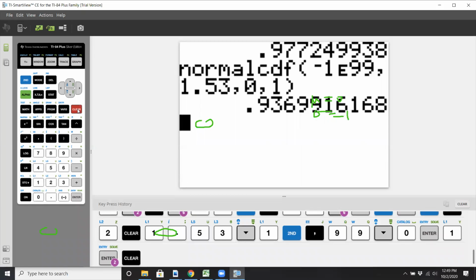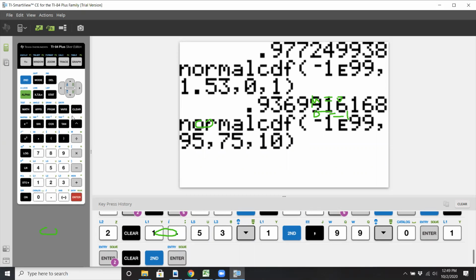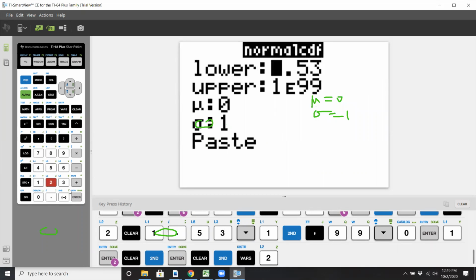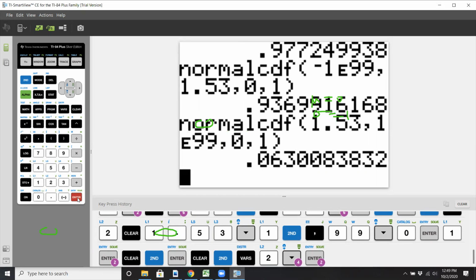Let's try it one more time. Option 2. Okay, hit enter. So it's 0.063, which makes sense because it should be 100% minus 93.7%, because you're going the opposite direction now.